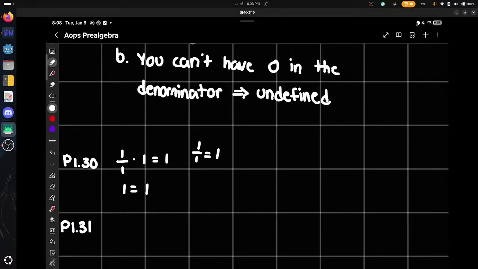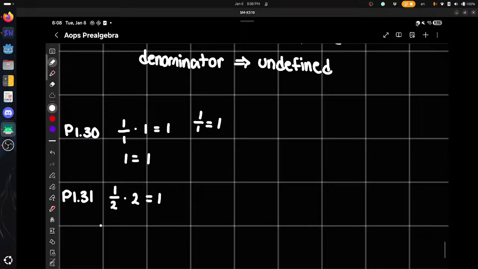What is the product of 1/2 times 2? Well, that's just 1. Okay. B. Using part A, explain why the reciprocal of 1/2 is 2. Wait.